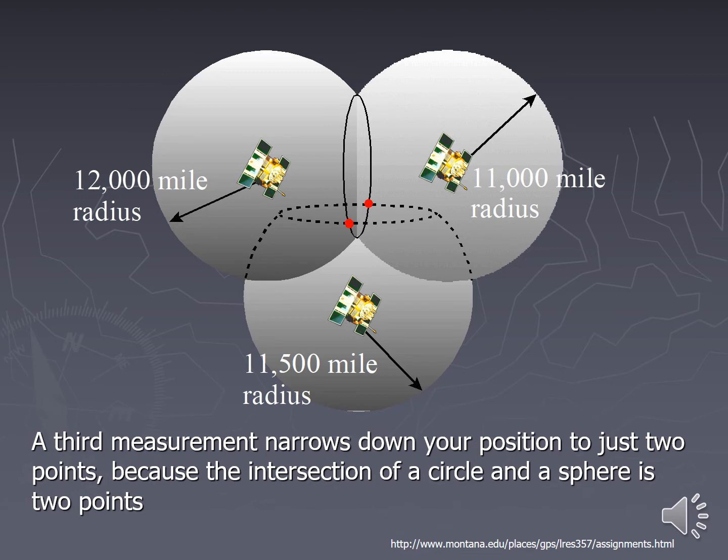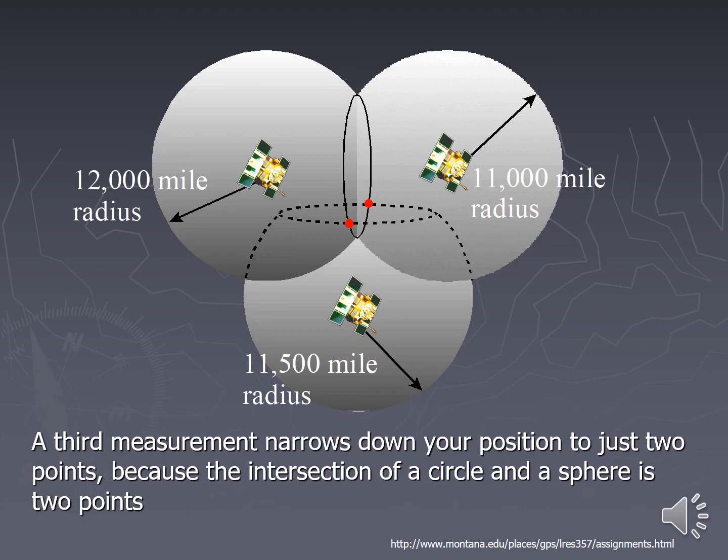So three measurements narrow your position to just 2 points, because the intersection of a circle and a sphere is 2 points. When you add that third measurement, you have narrowed that original circle down to just 2 points on that circle. However, this is often good enough, because you can have an inherent programming rule built into the GPS that says you take the point that makes sense.